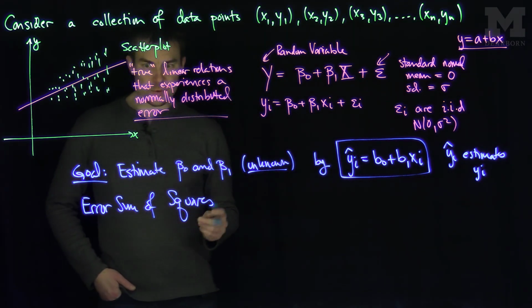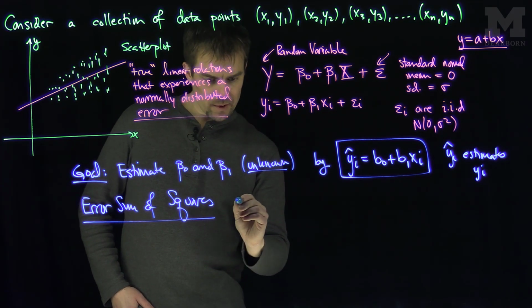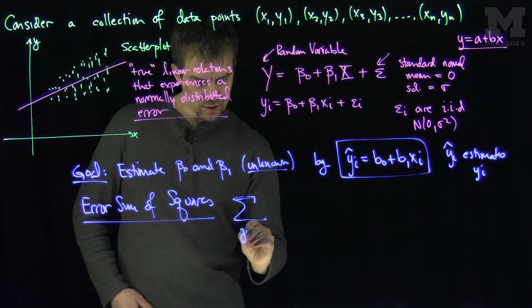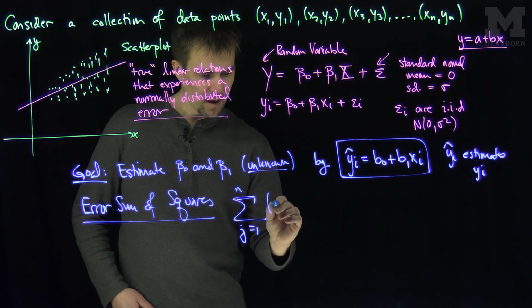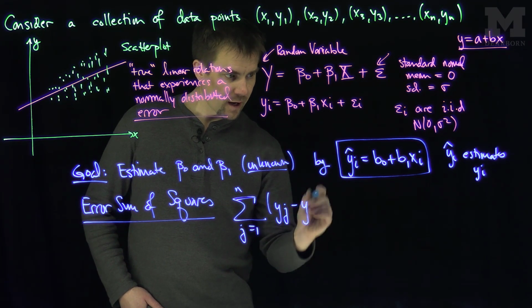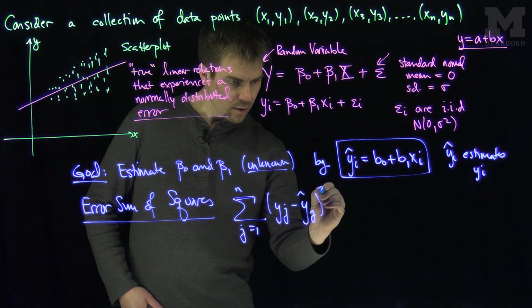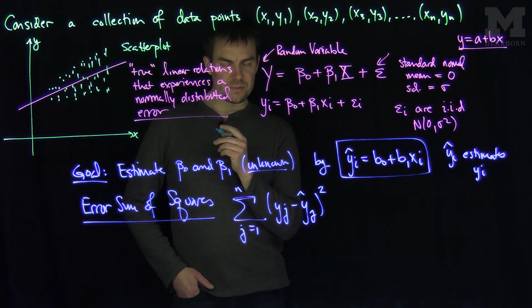And so what we can do then is look at the error sum of squares in this problem. The error sum of squares is the sum over all of our observations, j goes from 1 to n, of the actual observation yj minus our estimate of it, yj hat, quantity squared. That's the error sum of squares.